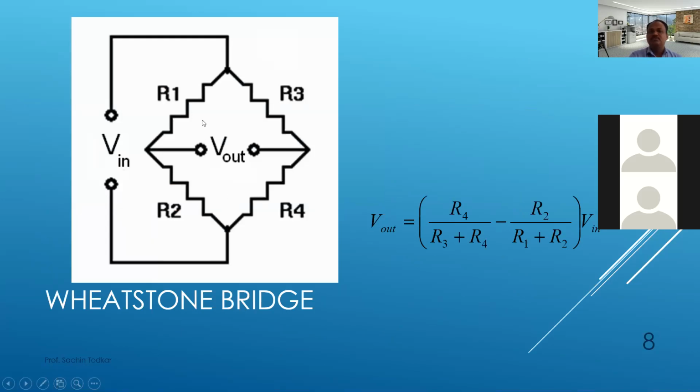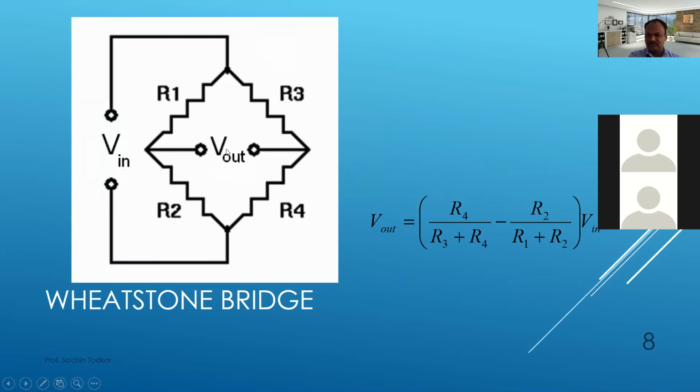This is the Wheatstone bridge. Yesterday also we saw a Wheatstone bridge example, because we know that if three resistors are fixed and one resistance is changing, then there will be an output change, and we can calculate that output change with this formula: R4 divided by R3 plus R4, minus R2 divided by R1 plus R2.